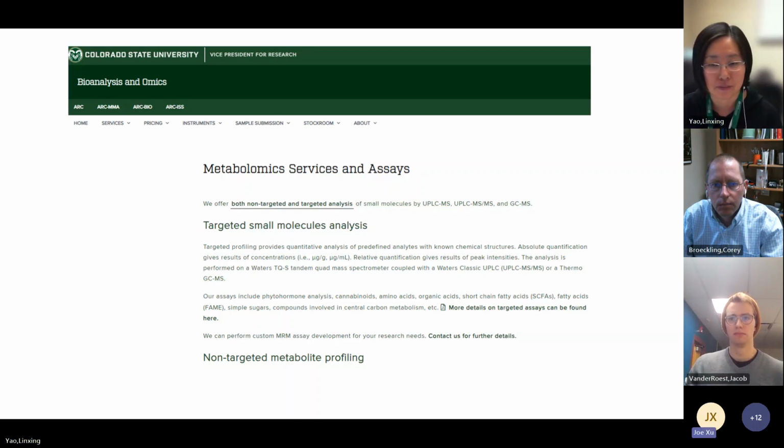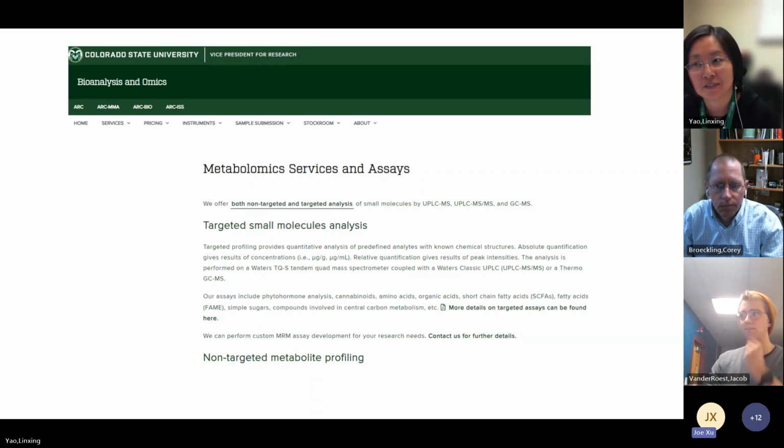Could you give a rough estimate of how much higher the sensitivity could be on the triple quadrupole than the TOF? I see Corey nodding his head.